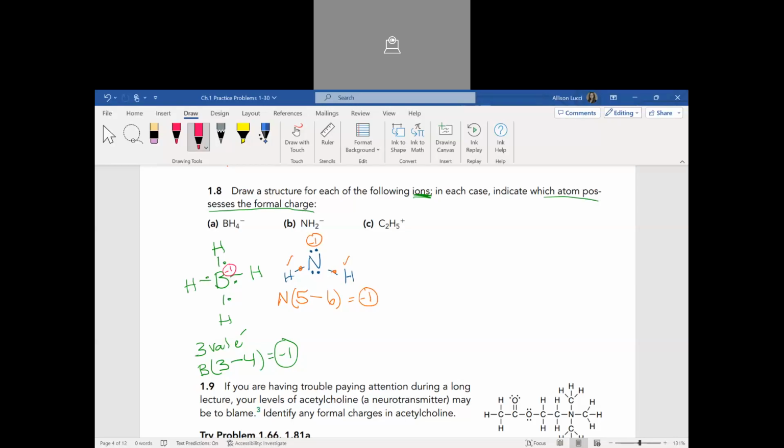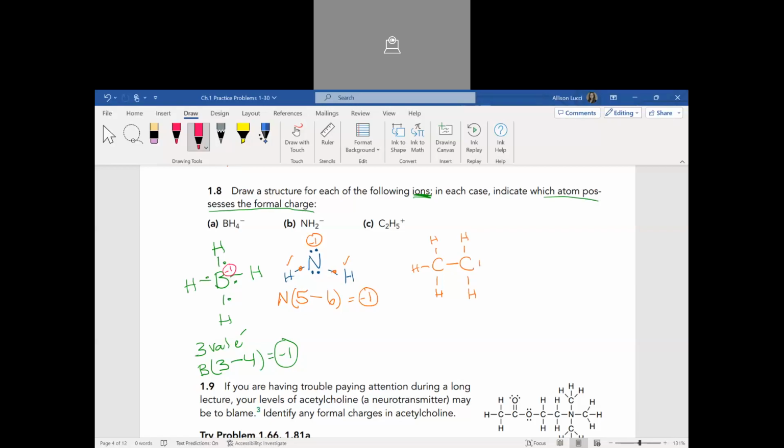And then last but not least here, we would do again our Lewis structure for the C2H5 plus ion over here. And we would end up with something that looks like this, where this carbon has a full octet. This carbon over here only has 2 hydrogens in addition to the carbon bond.